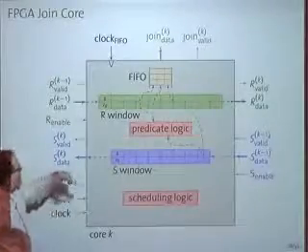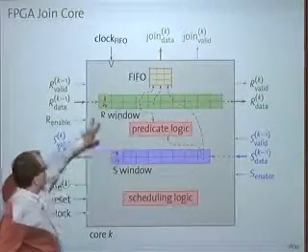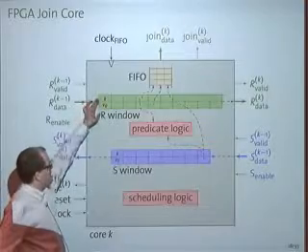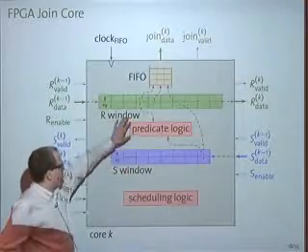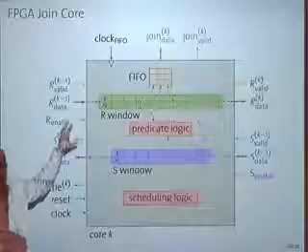You may look at the compute. For example, if a new tuple comes in here, you may replicate that predicate logic and work on different elements of the window. Okay. So this is, of course, straightforward for implementing a two-way join.